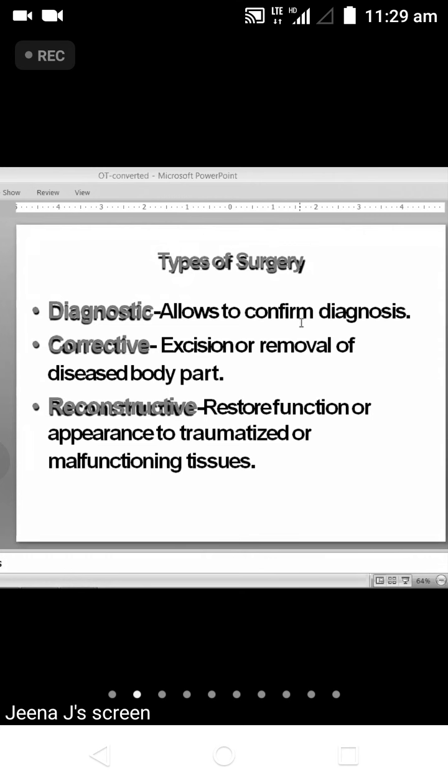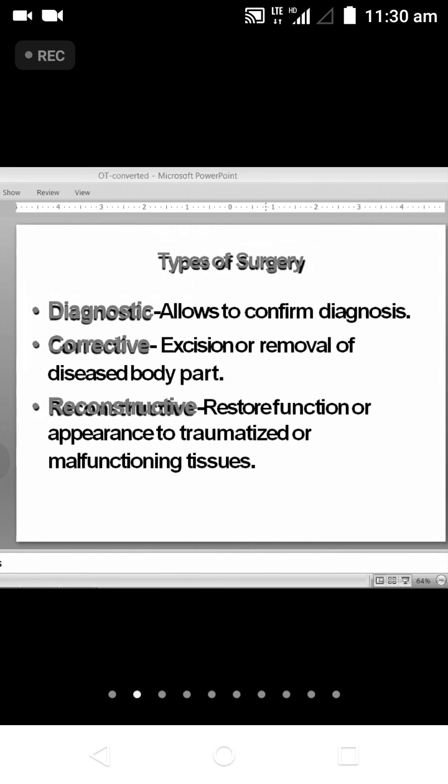All these can be considered diagnostic surgeries. To confirm a diagnosis or the disease condition present in a patient, you are doing such types of surgery. The best example is biopsies. If the patient has any growth or cancerous growth, to identify whether it is benign or malignant, they will do this diagnostic procedure. Clear with what is diagnostic type of surgery?